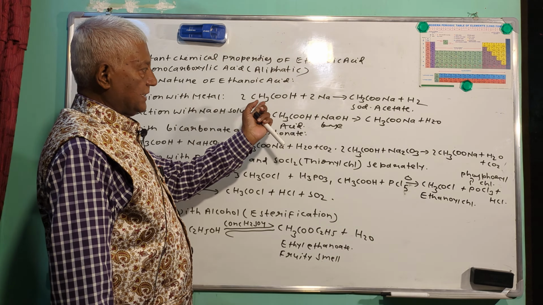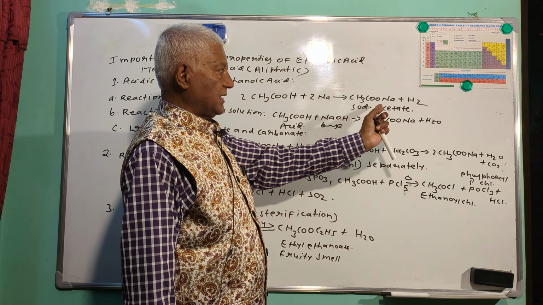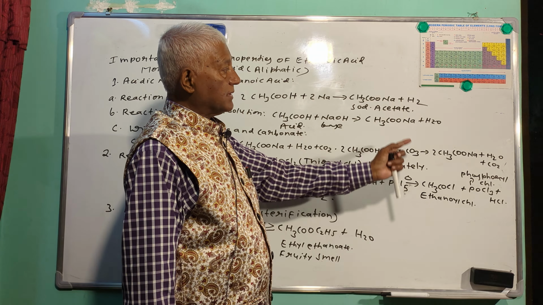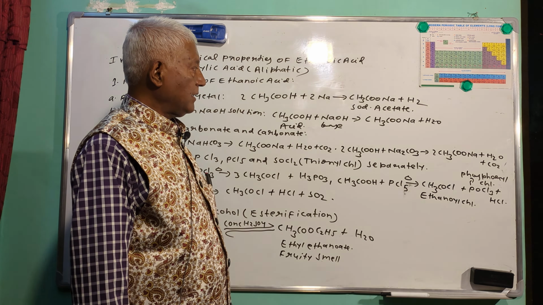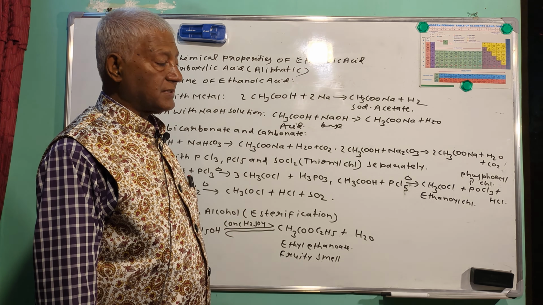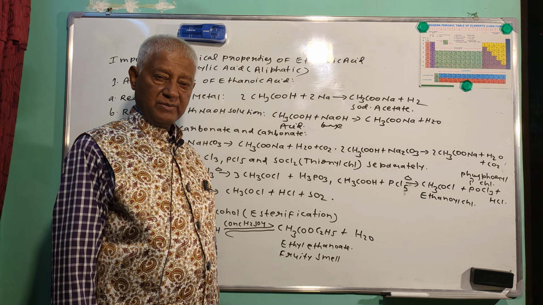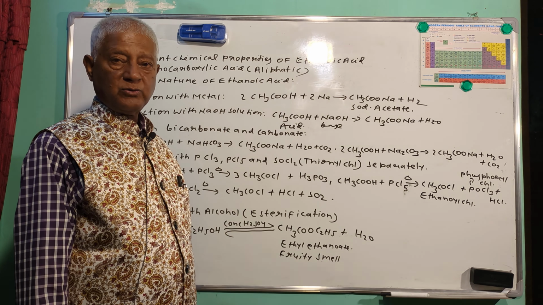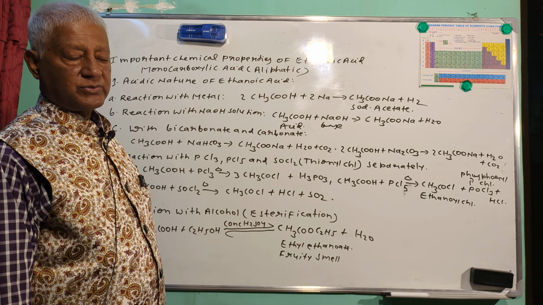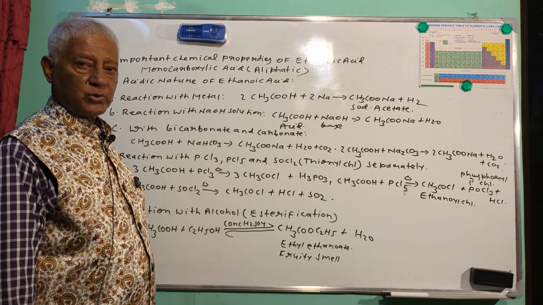When this acid is treated with sodium metal, you get sodium acetate, that is the salt, plus hydrogen gas. When acid is treated with sodium metal and it liberates hydrogen gas, it means it has acidic hydrogen. Always keep in mind, sometimes how can you show the acidic nature of ethanoic acid? With the help of this sodium metal we can show.